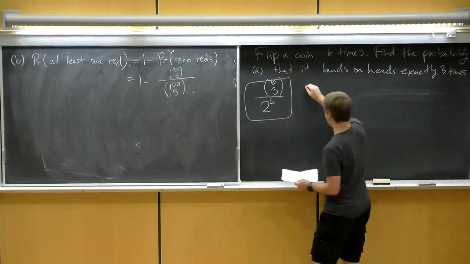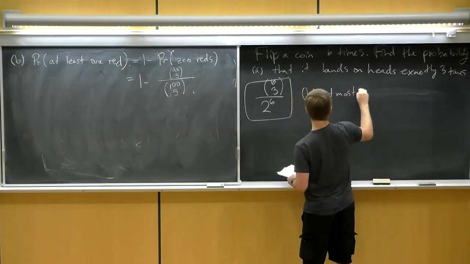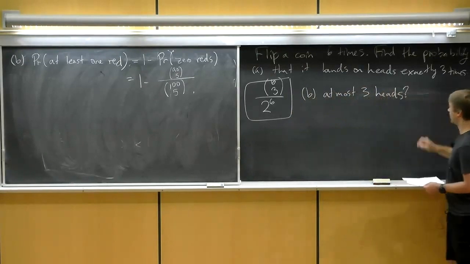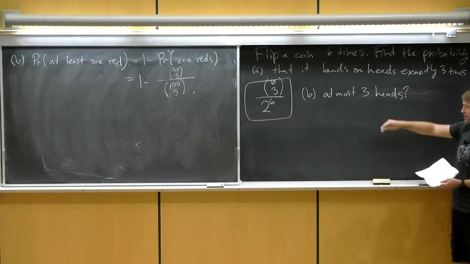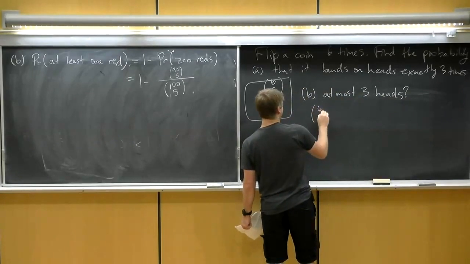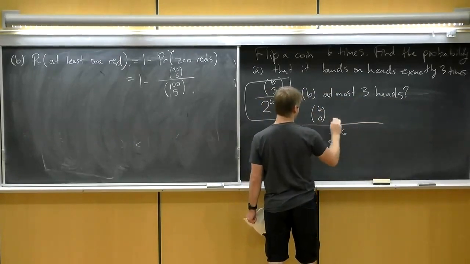Okay, so now if I say, let's say at most 3 heads. So this time you could try to count the complement or something, but it's only going to help you a little bit. So let's just count this directly. And this is going to be pretty similar. It's the probability you have 0 heads. So everything's divided by 2 to the 6.